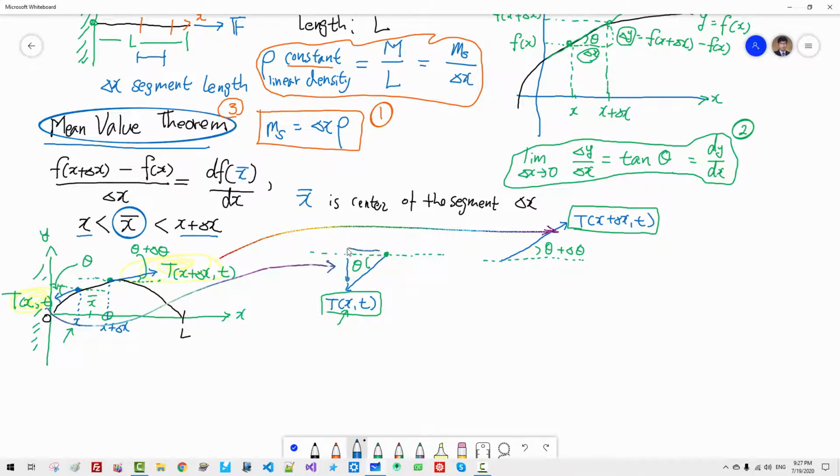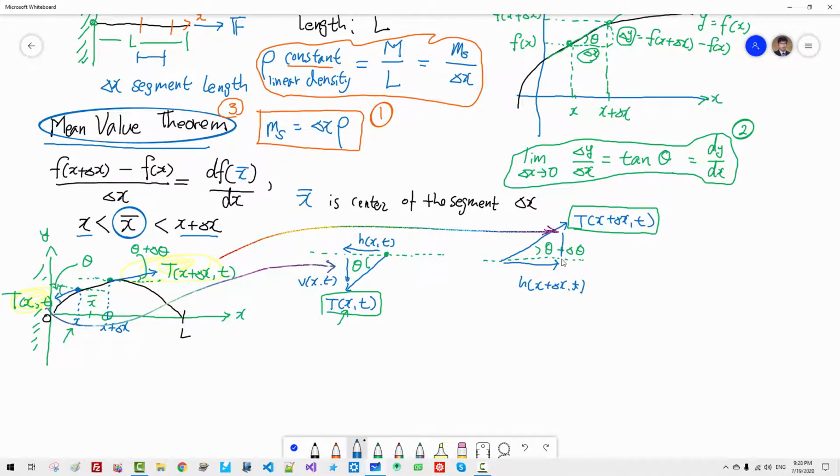This is the horizontal component of T. I will denote H(x,t) the horizontal component and V(x,t) the vertical component. In the same manner, this is the horizontal component of this T, H(x plus delta x, t).